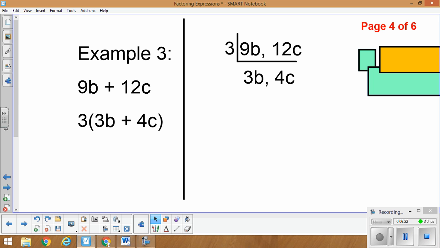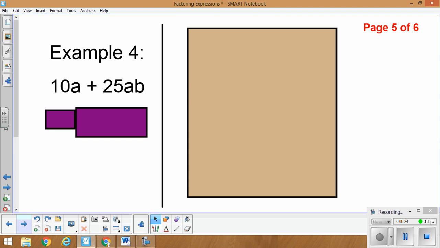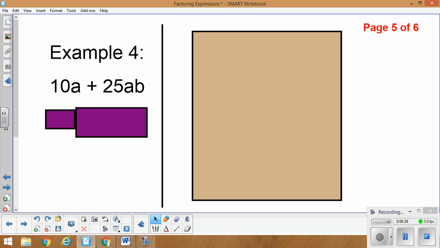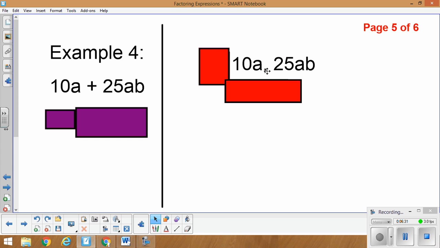Okay, our next example, example 4. We have 10a plus 25ab. So we set up our upside down division. Now think about a factor that can go into 10 and 25. That factor is not only 5, but if you notice, they both share an a.